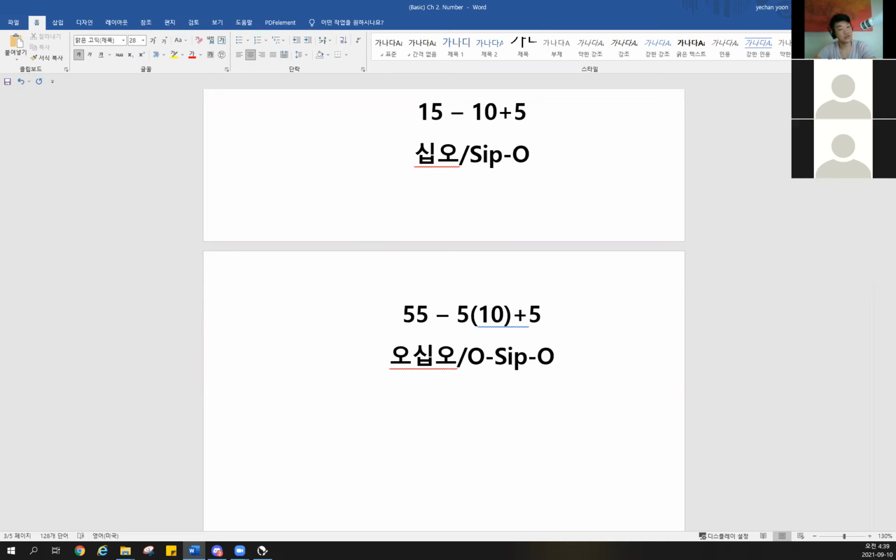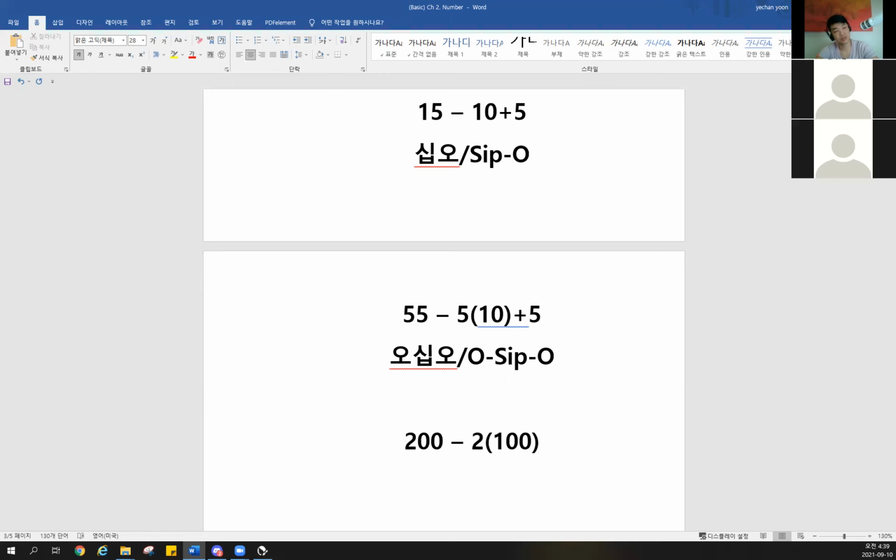Let's try with 200. The number has to always come out first. It's going to be 2, and then which position is it? 100 position. Then how can you say it? I'll give you the time. How can you write down 2 and the 100 position?